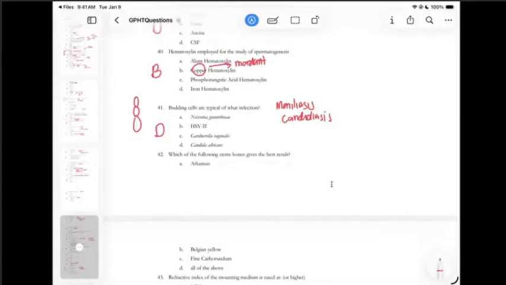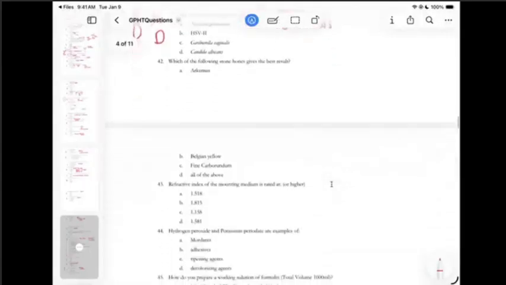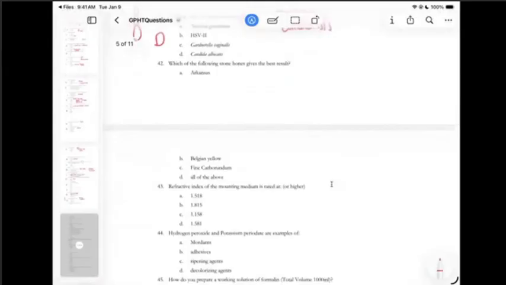For number 42, which of the following honing stones gives the best result? Honing stone is used to sharpen. That is Belgium yellow. Belgium yellow or Belgian yellow gives the best result. Arkansas has a polishing effect.